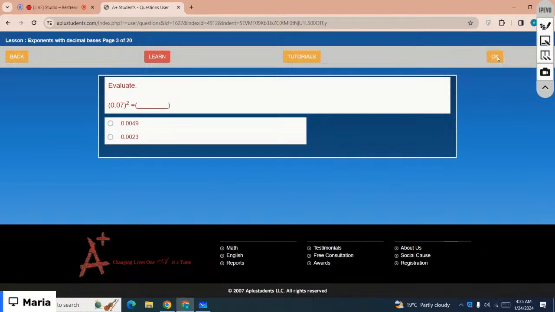0.07 square. Which is the correct option?